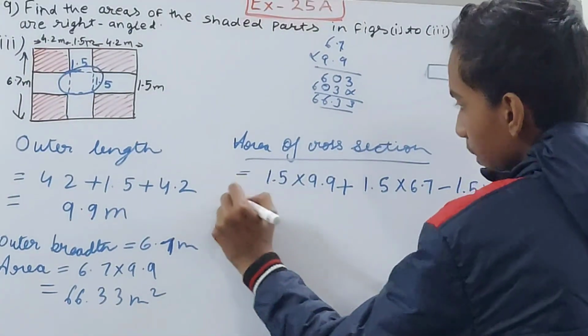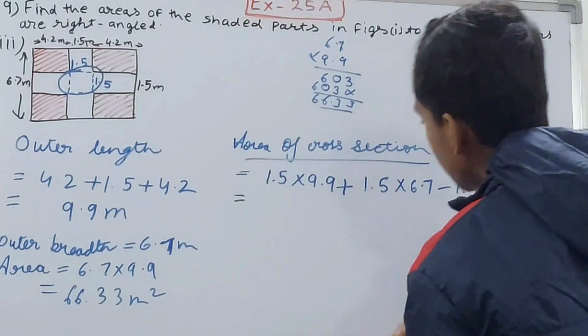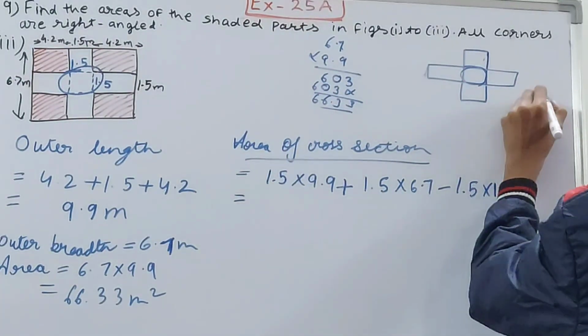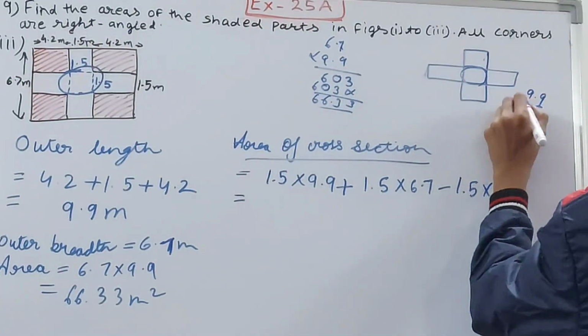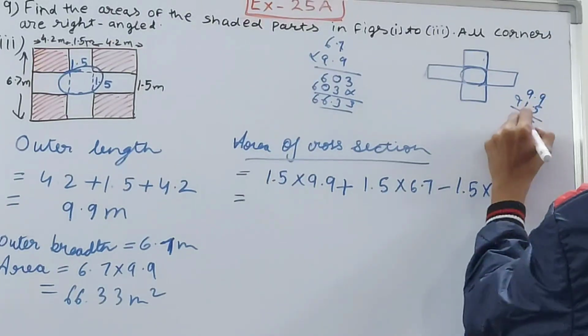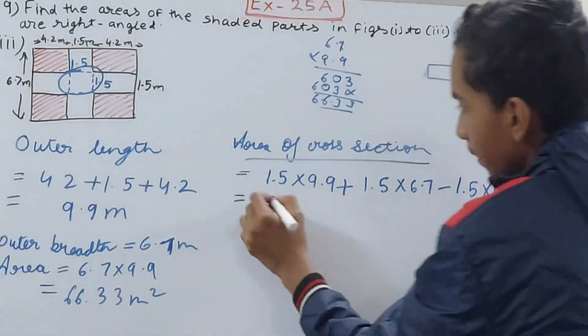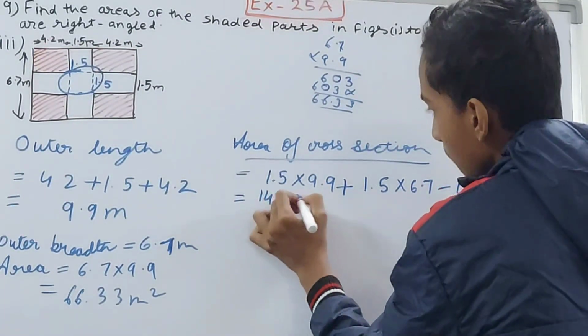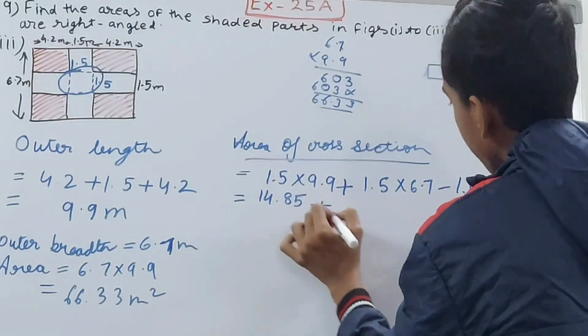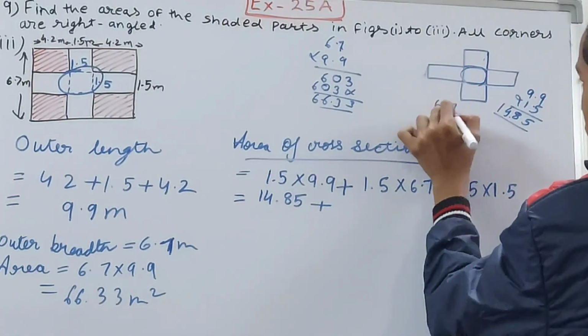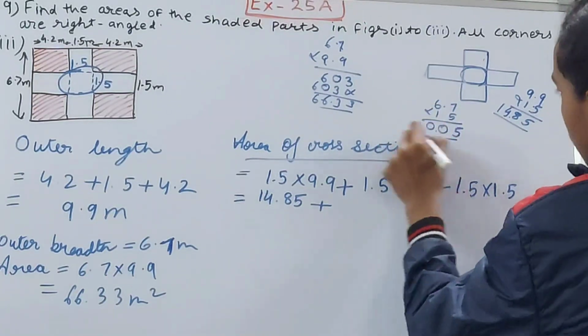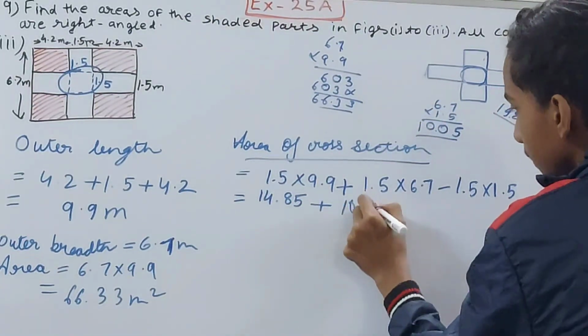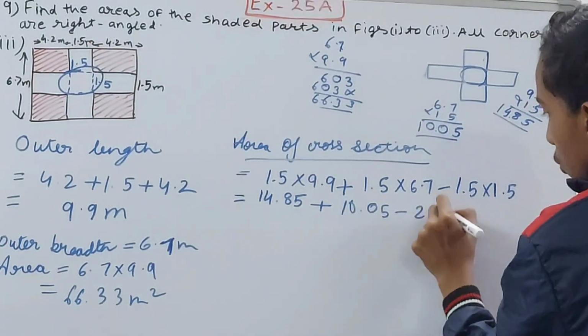Now let's multiply these different things, so this is going to take a little time. Let's see, 14.85 here, this one also 10.05, and minus this is 2.25.